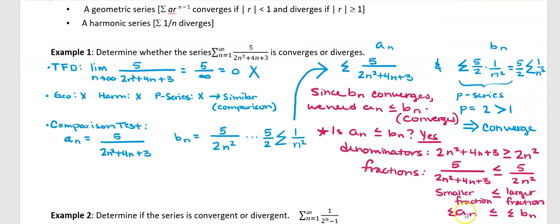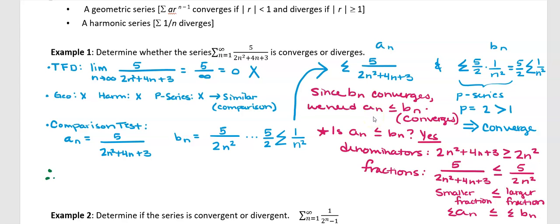Now that we know that the series a sub n is in fact less than b sub n, and we know that b sub n converges, we can state with confidence that a sub n would also converge. And so we have to come up with our final statement.